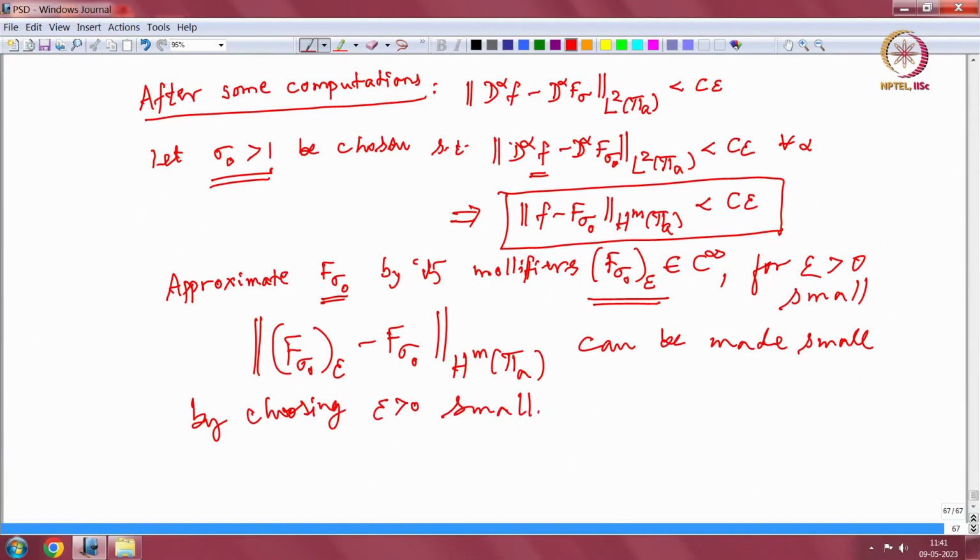So, this is the technique we often employ even later. We want to find a function defined on a slightly larger domain, and then we can take the mollifiers to get smooth approximation of functions in a Sobolev space.